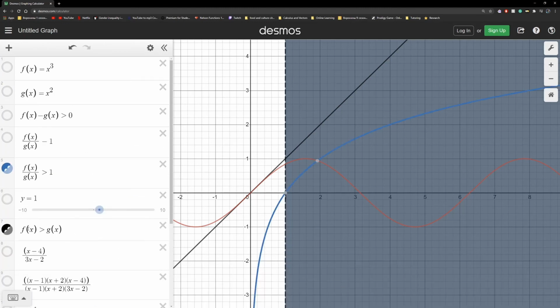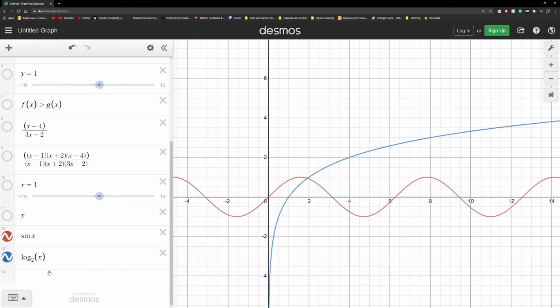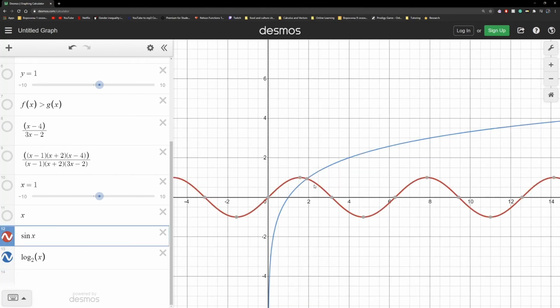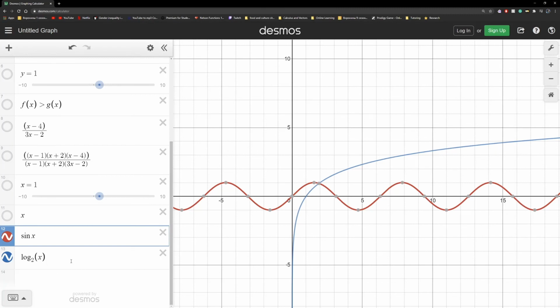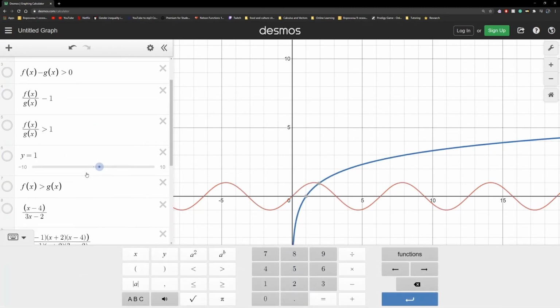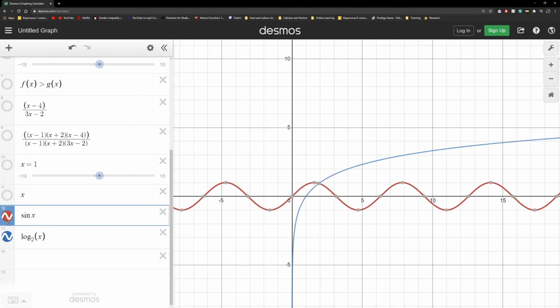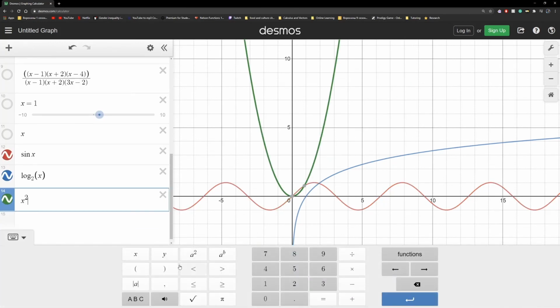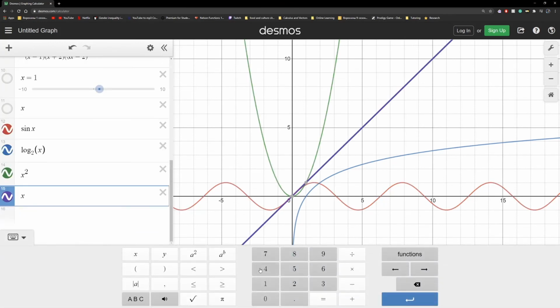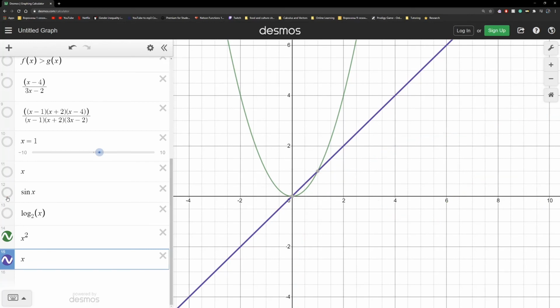These two, we can't really use any algebraic solutions on them, right? It's not like dividing sine by the log of something is going to give us a pretty answer. So the only solution you actually have is to graph them and then analyze. Nothing is stopping you from bringing this to the other side and actually graphing the function here. But again, dividing them might not be the best solution. Lastly, if we just had x squared and then x, these two you can graph by hand and you could just see where those two equalities stand true.